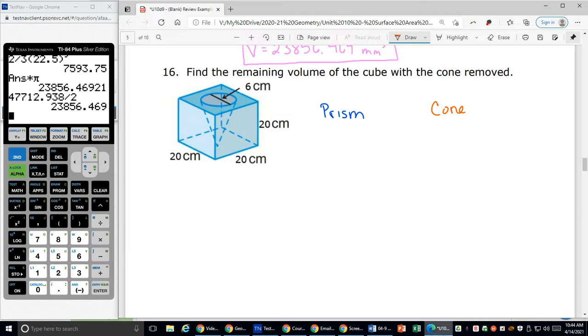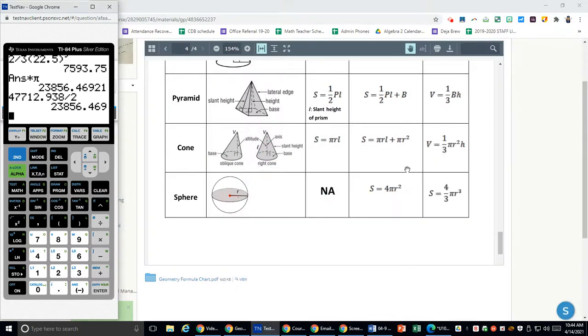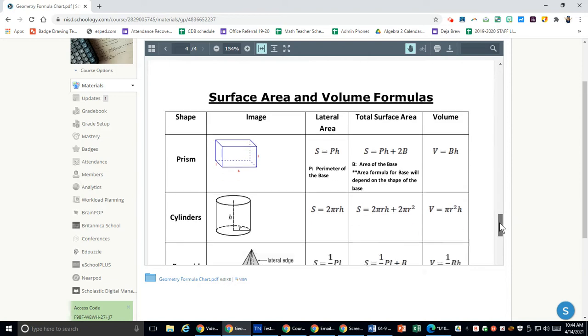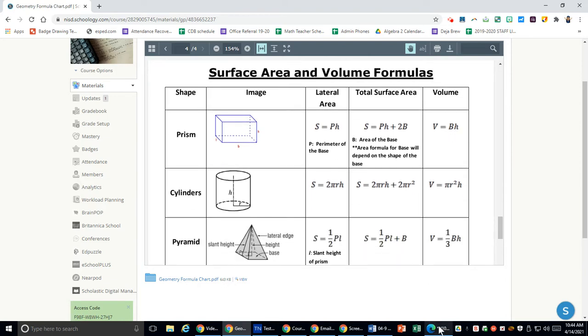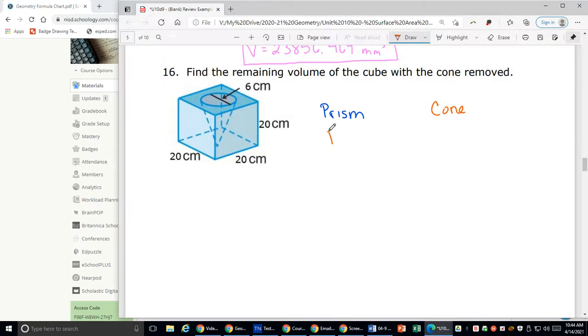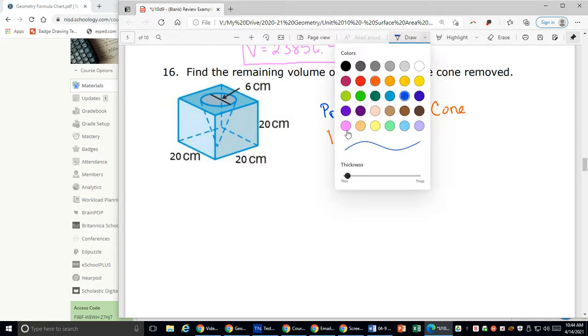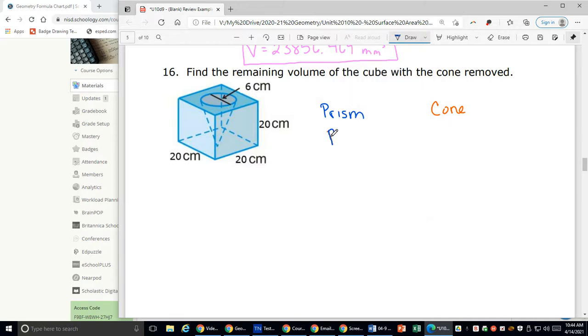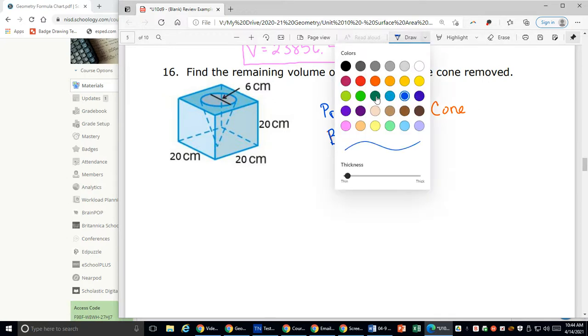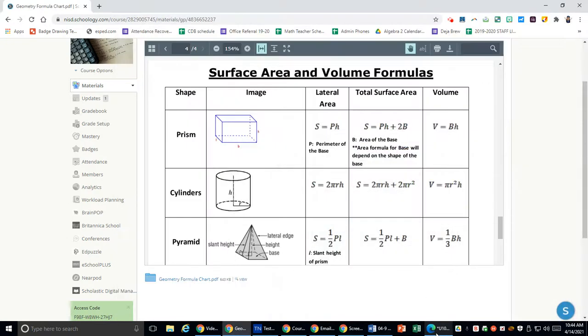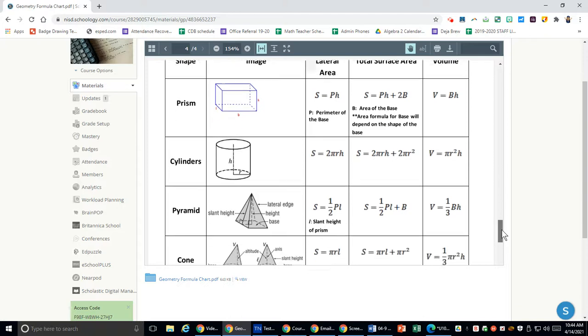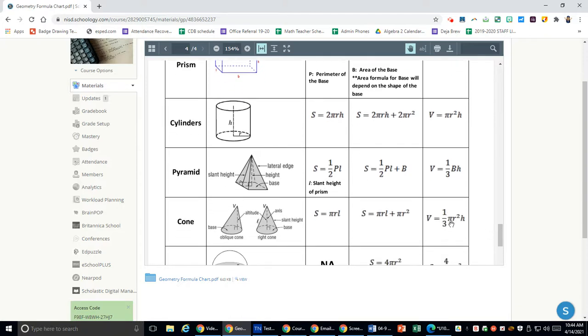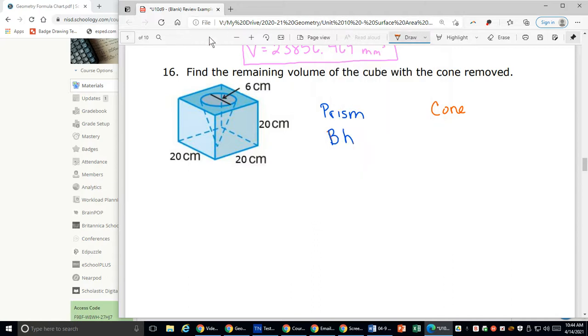So the volume of a prism is area of the base times the height. The volume of the cone is 1/3 pi r squared h.